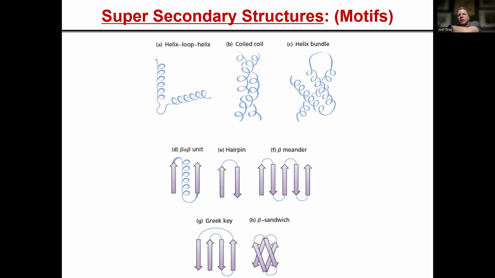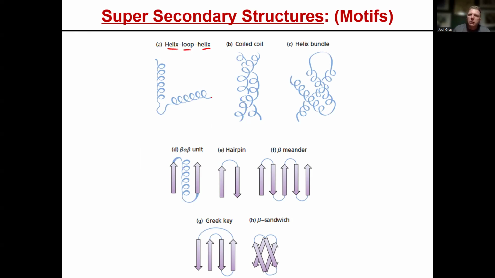There are a couple of structural motifs. If you remember my lecture on hemoglobin, hemoglobin had a structural motif known as a globin fold. That fold is a little bit more complex than these, but these structural motifs are patterns that are observed in protein structures.